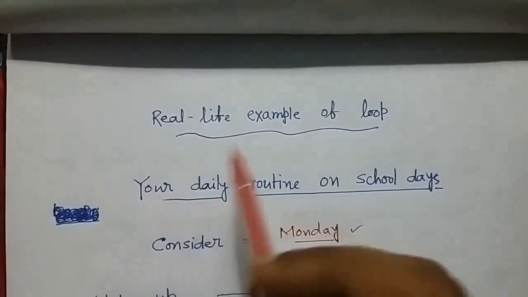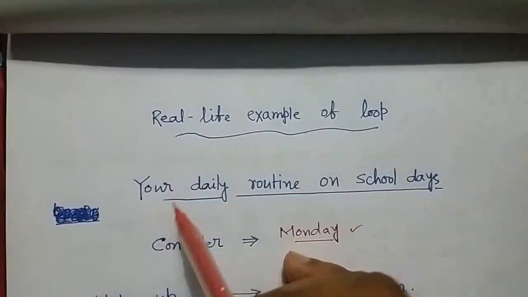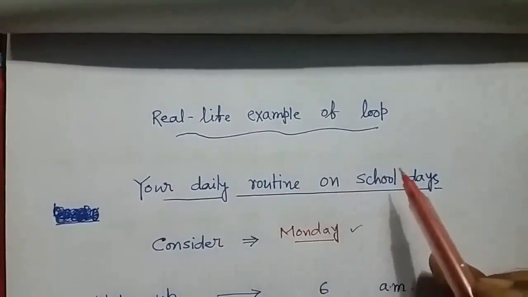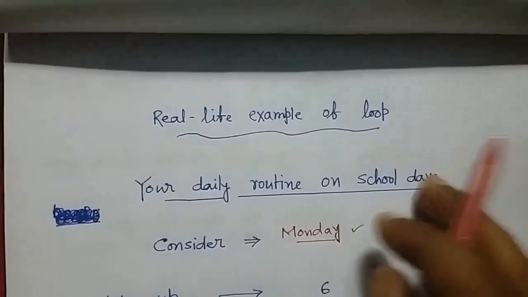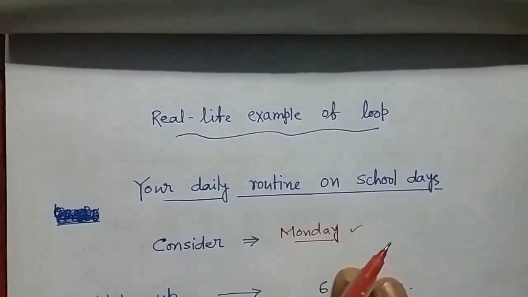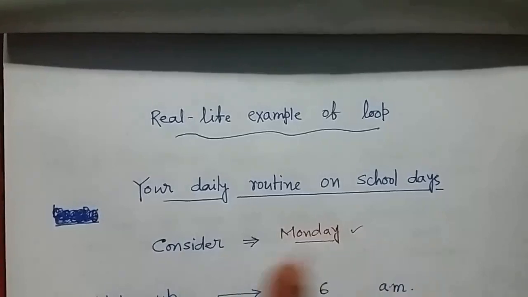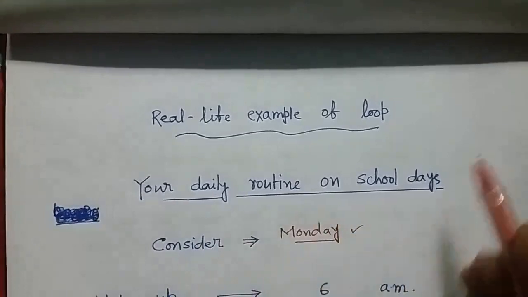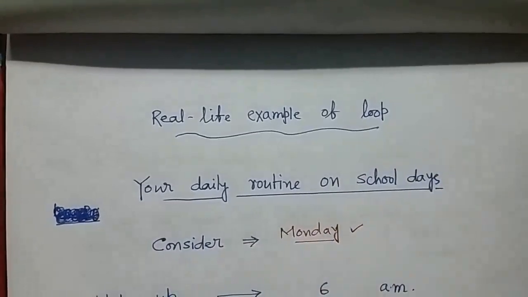Let's discuss a real life example of a loop, and you may think of your daily routine on school days as an example. I am considering Monday to Friday as your school days. Saturday and Sunday are the holidays, they are not school days. So at first consider Monday.